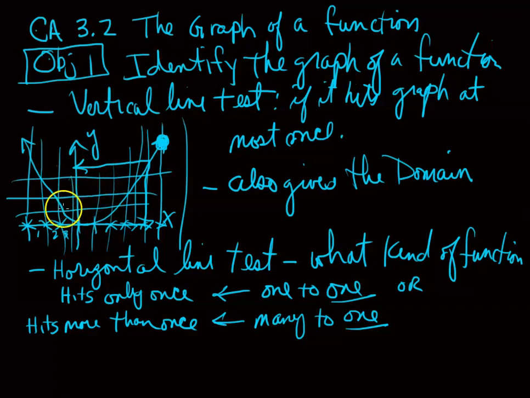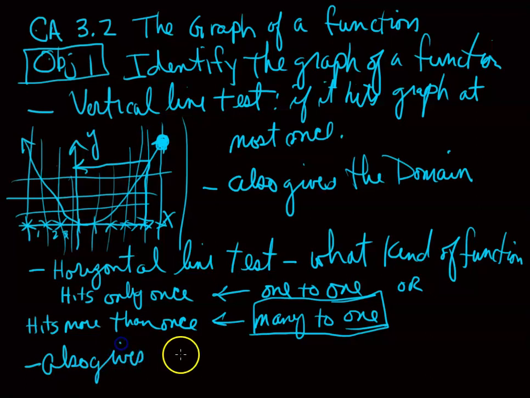So this picture up here is a many-to-1 function because it's hitting it a bunch of times, twice. So this is a function. It is a many-to-1 function. This also gives the range of a function.